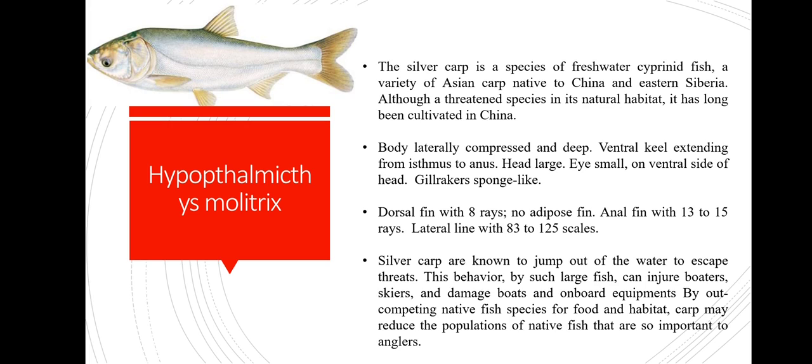Some fishes, for example tilapia. Tilapia is a carnivorous species. This is also a very important fish, and its growth is very fast. But these exotic fishes impact our environment.